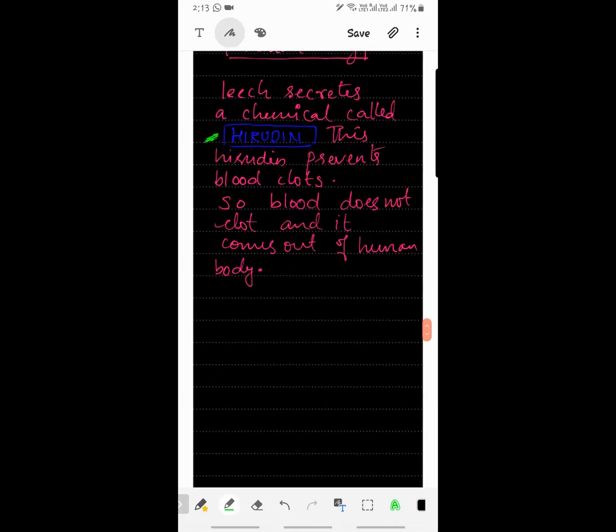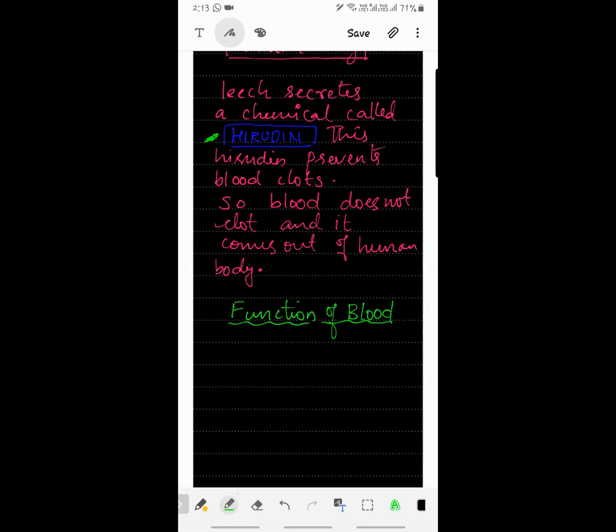Now we'll see about the functions of blood. Can you say what is the function of blood? You can say some points, and I will write them here. There are various functions of blood.